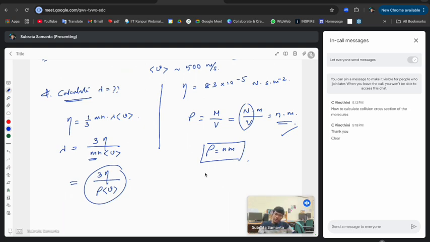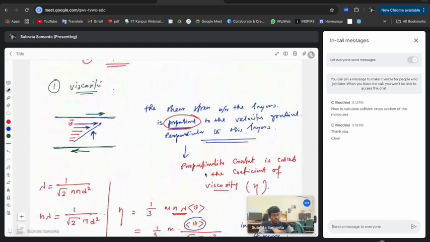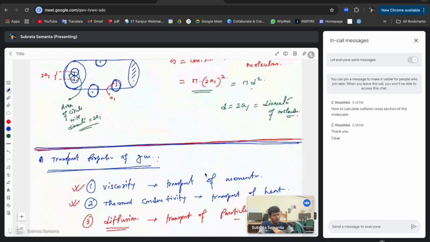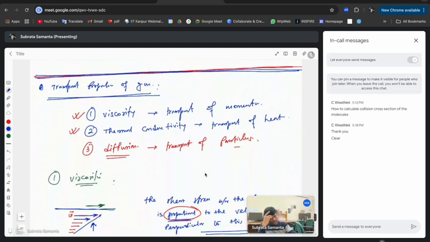Okay, so if not, then I will quickly discuss the next one, the thermal conductivity. I will skip the diffusions; in the next class maybe I will discuss the diffusions, but not today.